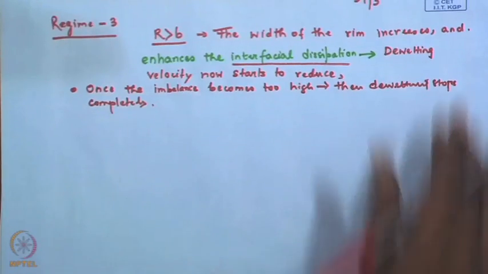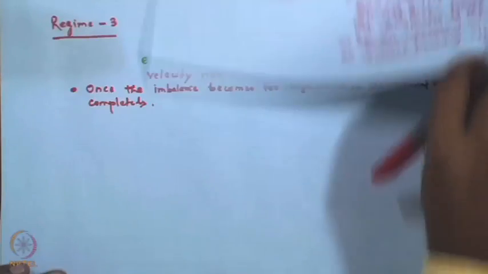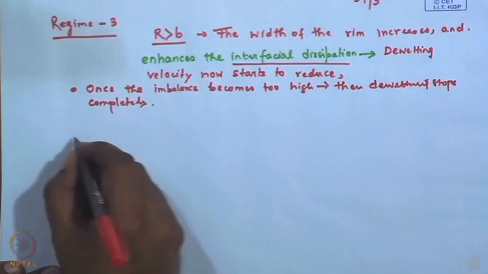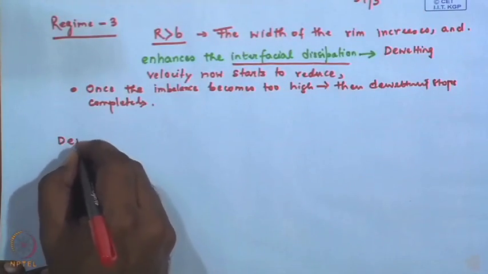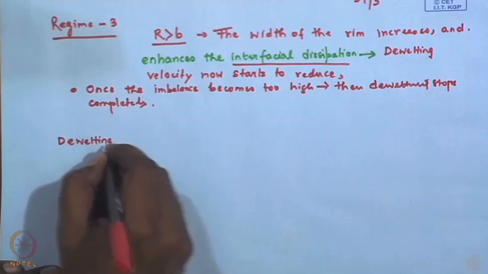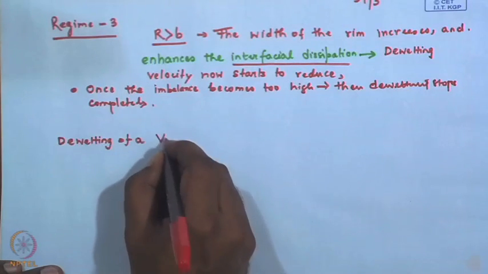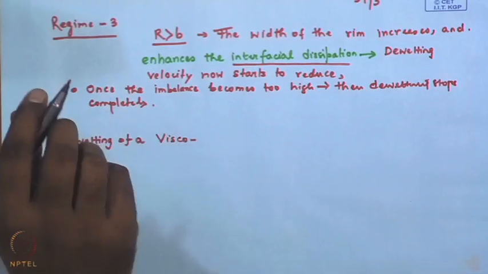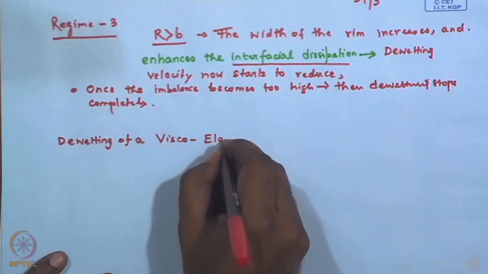Okay. So, these are the three distinct regimes one has in dewetting of a viscoelastic thin film.